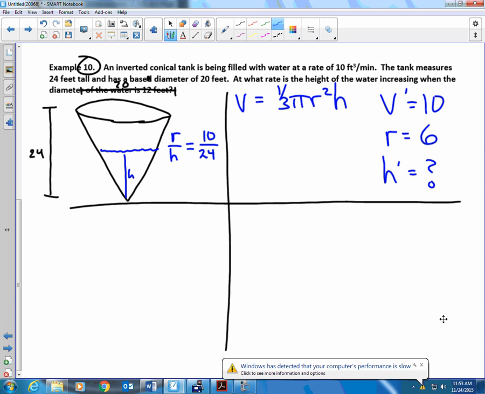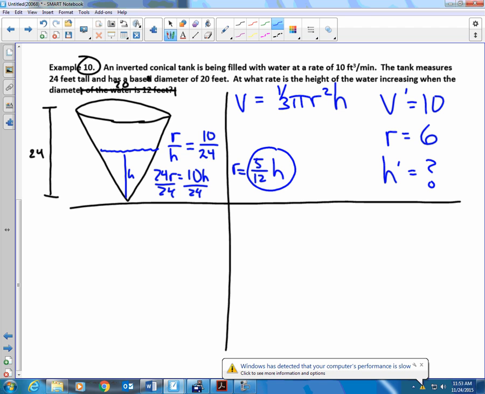So what I could do is cross multiply and get 24r equals 10h, and then solve for r by dividing by 24 and get r equals 5 over 12 h, after dividing by 2. So whatever the height is, I multiply it by 5/12, and that gives me the radius.